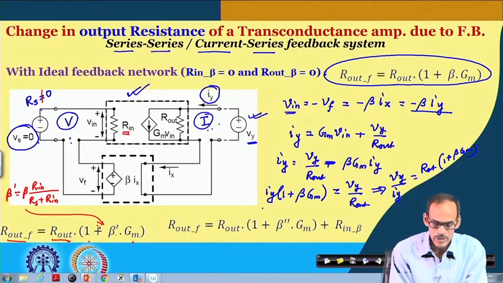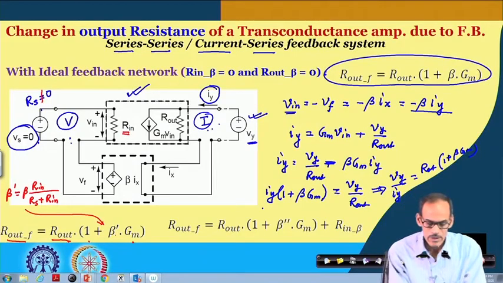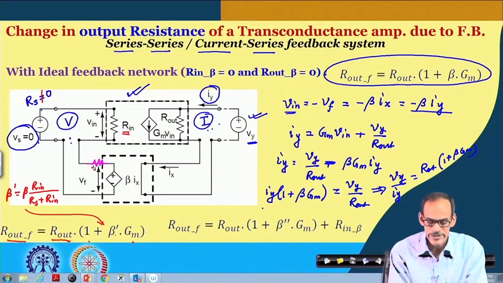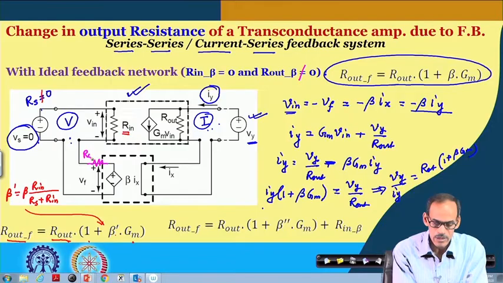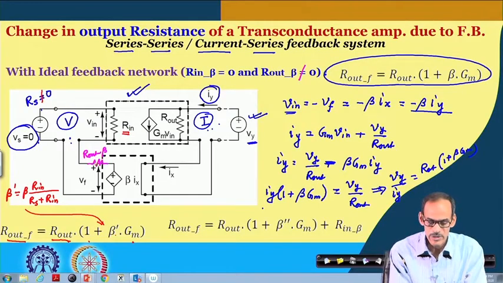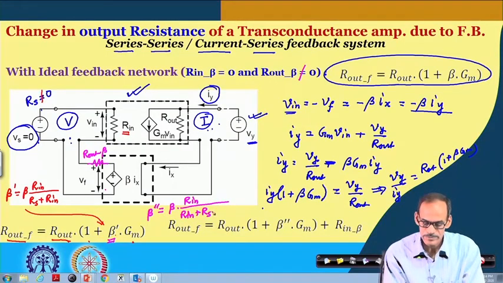And now, in addition to that, if I consider the output resistance of the feedback network, namely if I consider this is non-zero R out beta, then I need to consider a different load affected beta, called say beta double dashed, and its expression is given by beta double dashed is equal to beta into R in divided by R in plus R s plus R out of the beta network.